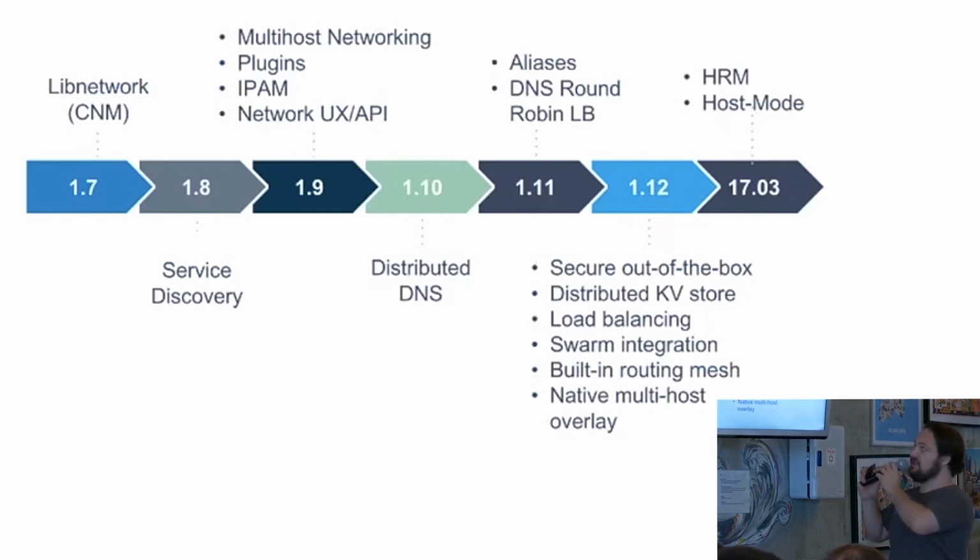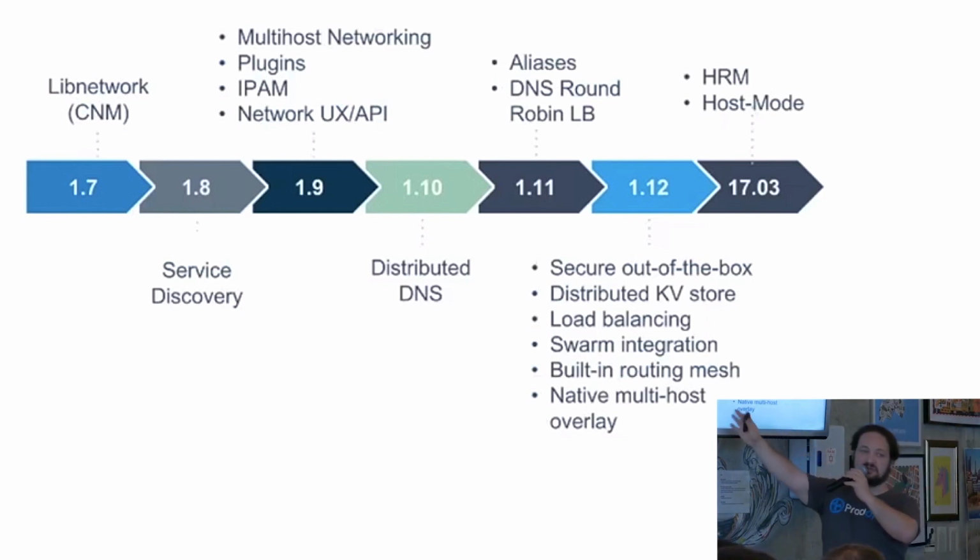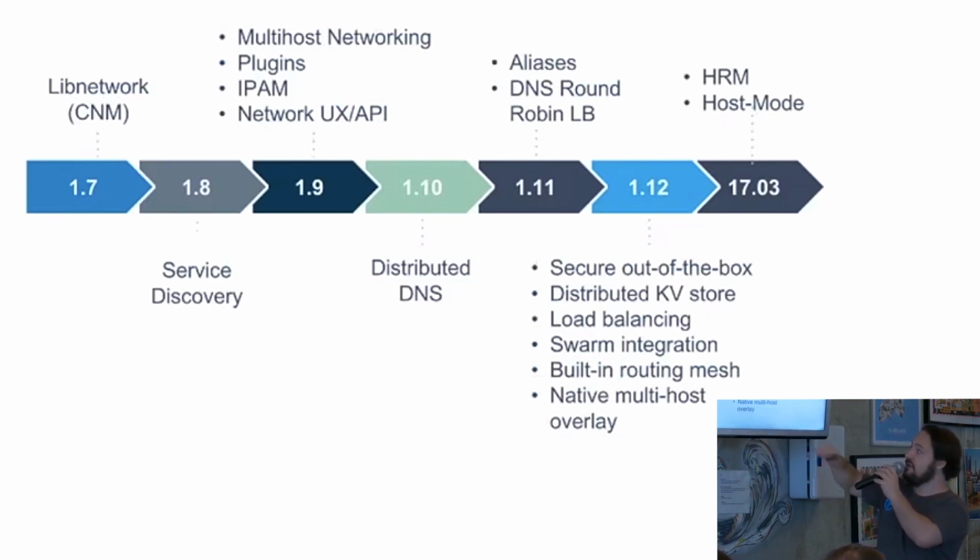Then in version 1.8, there was a sort of service discovery thing where you could ping other containers by their name and it would work somehow. They later changed it.